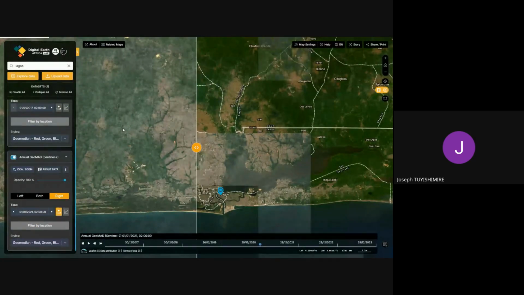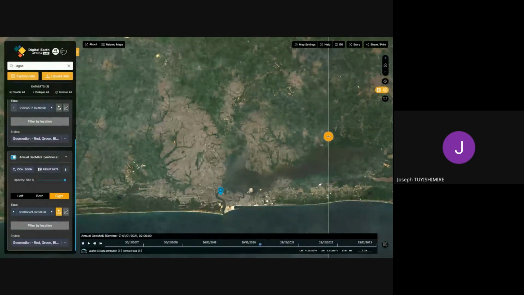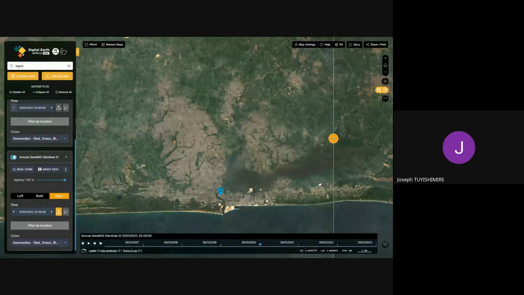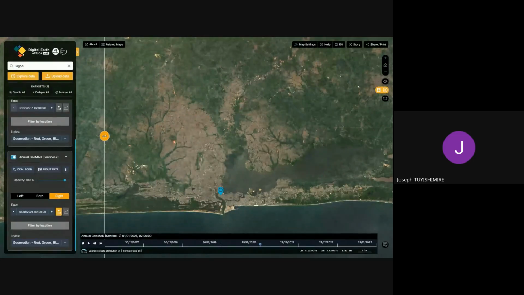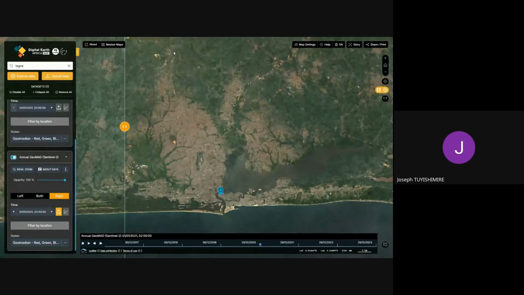Just visually, you can slide to see how it was in 2017, 2024, 2017, 2024. You can see how these areas here, if you go to 2024, have been connected by buildings.